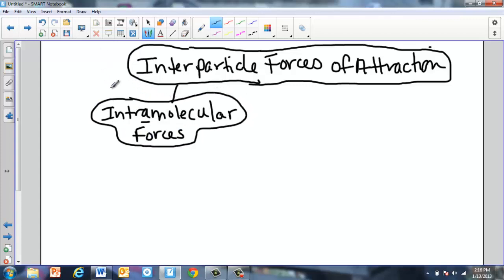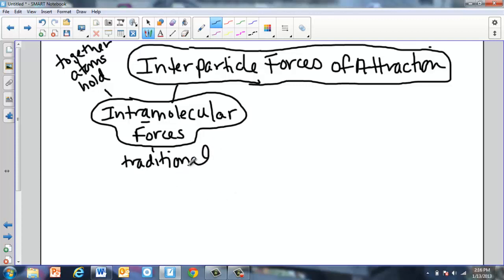Now, intramolecular forces, we usually talk about that they are the forces that hold atoms together. Okay, so individual atoms, and also these are really our traditional bonds that we learned about right before Christmas break.